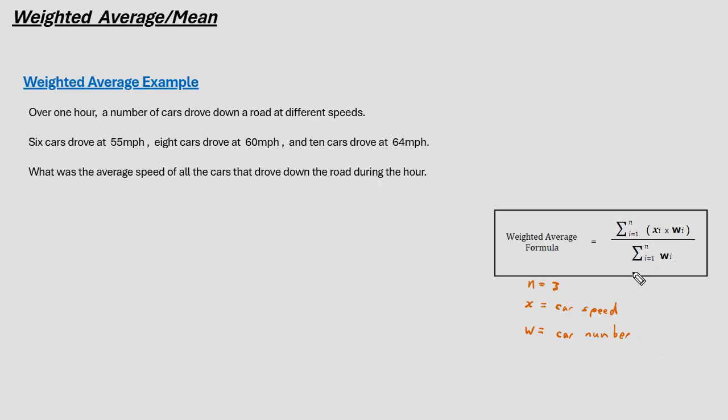So for our formula, our x quantity values are the speeds. So first speed 55 miles per hour, second speed 60 miles per hour, and the third being 64.